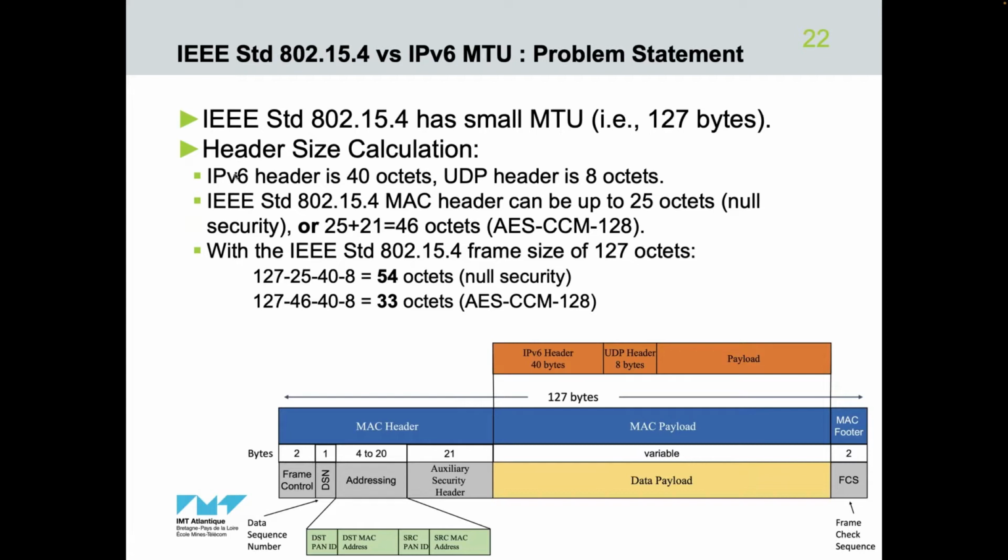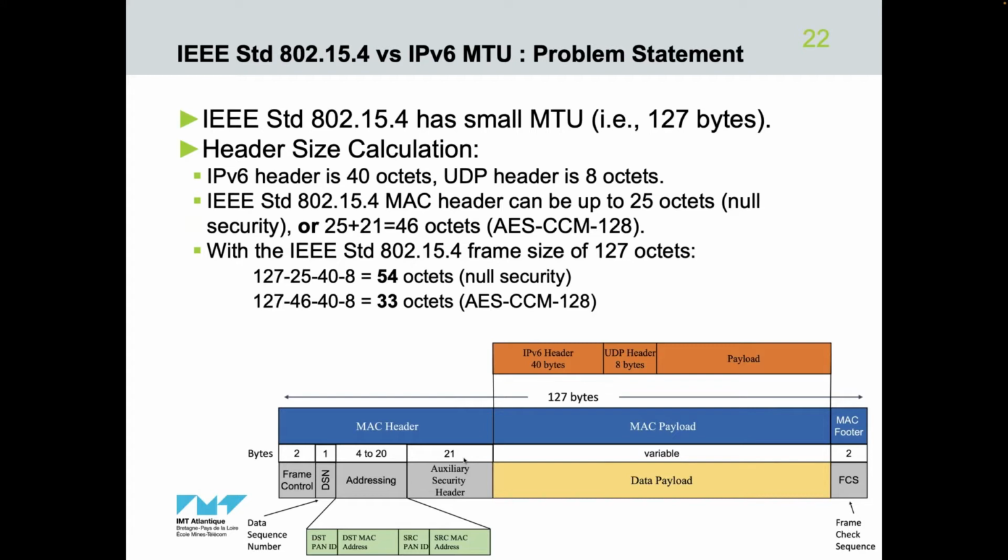Now, considering that an IPv6 header consists of 40 bytes by default, and a UDP header of 8 bytes, while the IEEE 802.15.4 MAC header can be up to 25 bytes if there is no security employed, or 46 bytes if the security field is used.